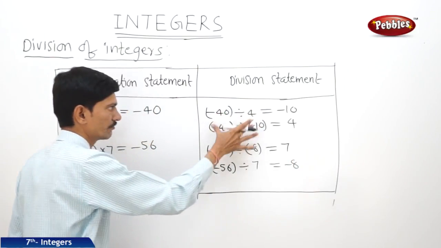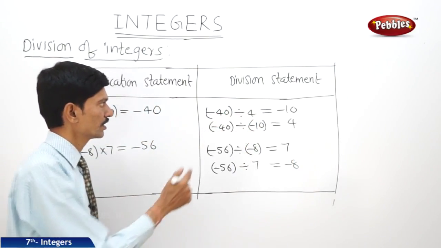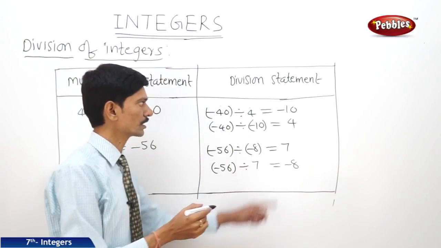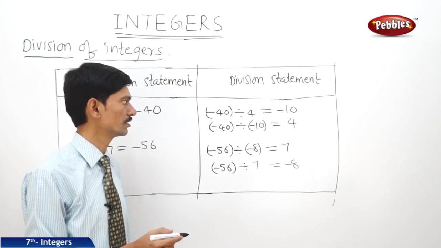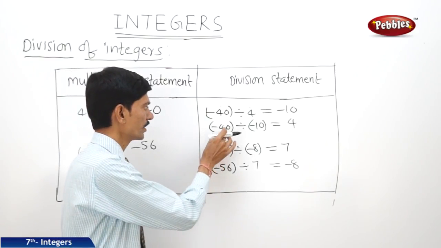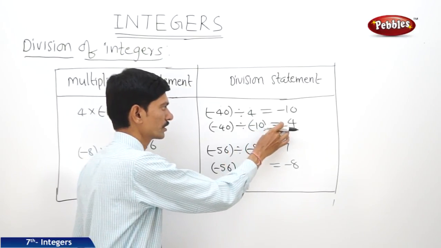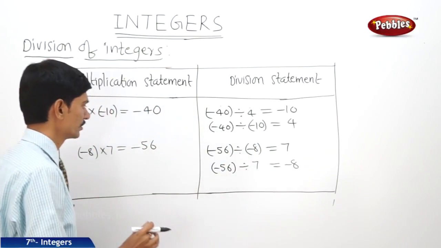Now if we observe the division statements here, when a negative integer is divided by a positive integer, we got the quotient as a negative integer. And here, when a negative integer is divided by a negative integer, we got the quotient as a positive integer.